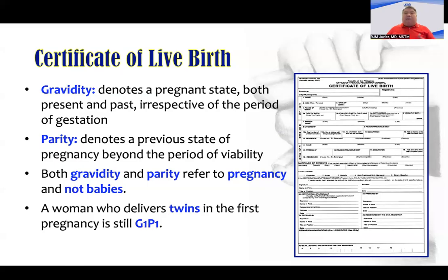Gravidity refers to a pregnant state, whether or not you completed the pregnancy. As long as you became pregnant, that's your gravidity. And parity refers to the number of times you delivered the pregnancy, regardless of the period of viability.